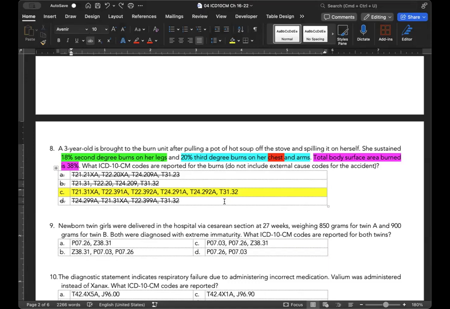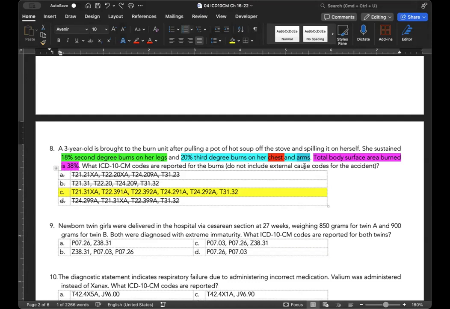Okay. I have a question. Yeah, of course. So the first code is for the chest. Yes. And the second one is for the arms on the third degree. Yeah. If you were to look up these codes, you're going to see that one is for the left, one is for the right. Because arms, we can assume that it's both, right? Because we don't have 4 arms, hopefully not.